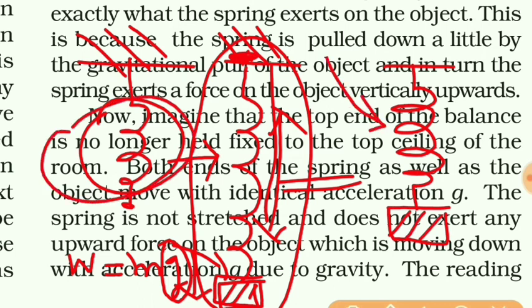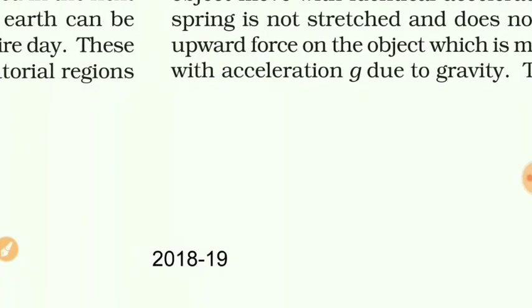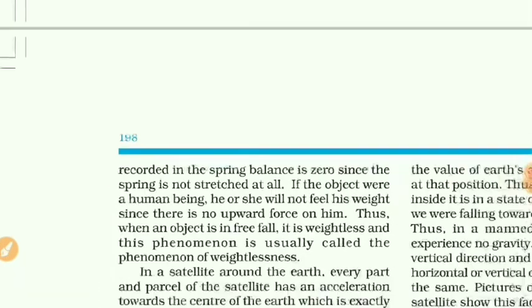The spring will come to its original condition even though the mass is suspended to it. And if the spring seems to be in original condition as previous, then we can say that there is no experience of mass or weight by this spring. So this is nothing but the weightlessness condition.